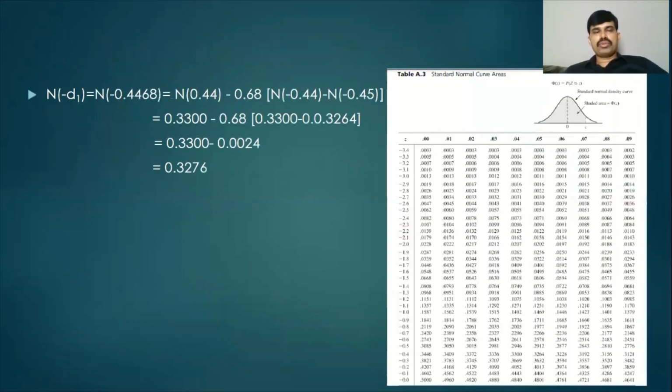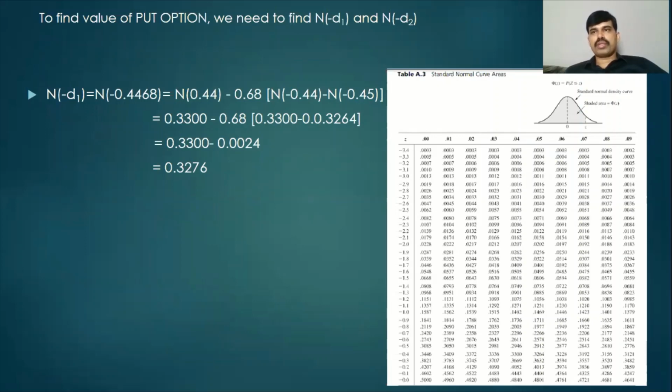Now, this is the amount of premium which has to be paid by the buyer of the call option. Now, when it comes to calculating the value of the put option, remember in the formula of the put option, we have N minus D1 and N minus D2. So we should be able to calculate the negative values associated with ND1. So we will consider the standard normal curve areas where the Z values are negative in nature.